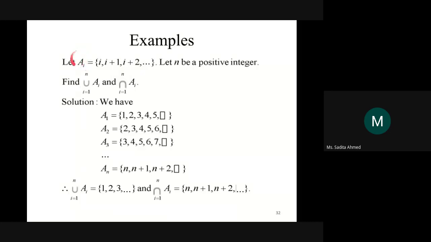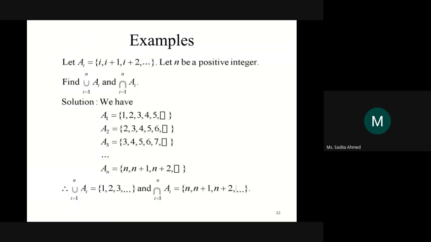A_i represents a general formula for all of the sets in the union or intersection. Let's say for the first set, A_1, what will be the value of i? i will be equal to 1, right? Just based on this formula, we'll be able to tell what the elements of this set are going to be.